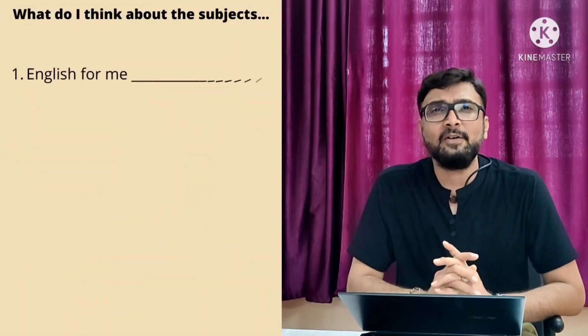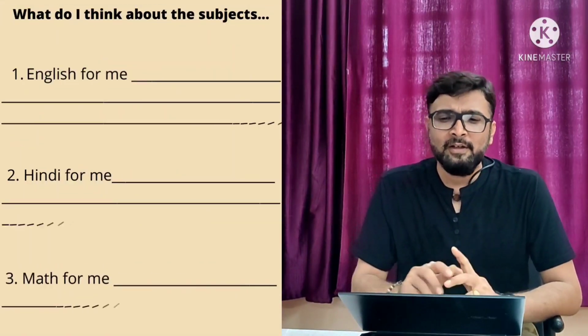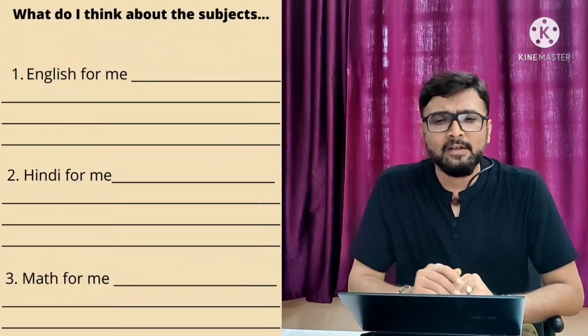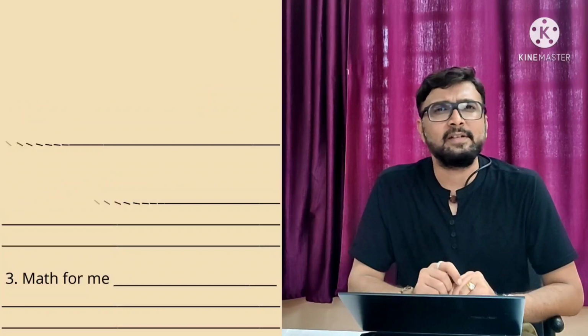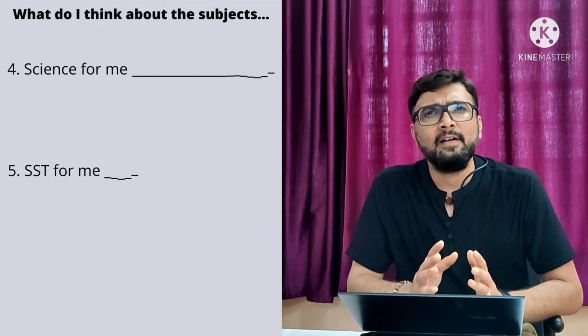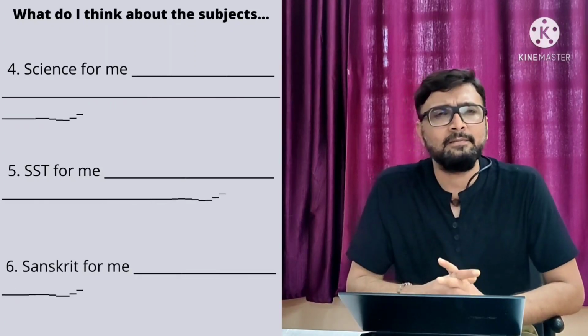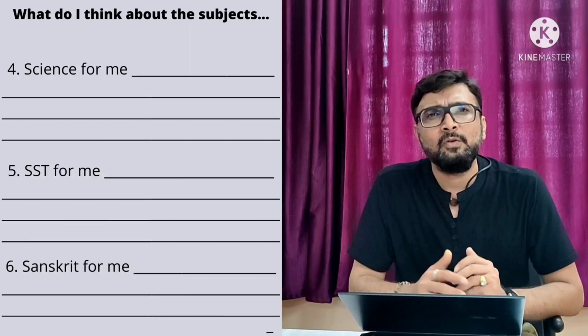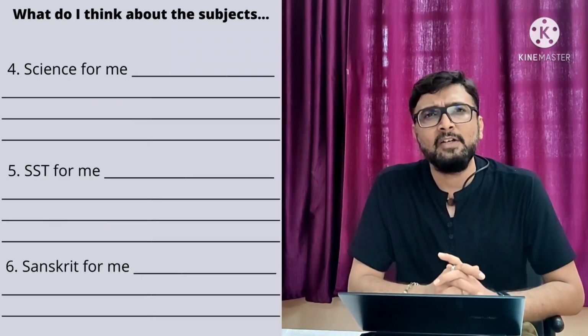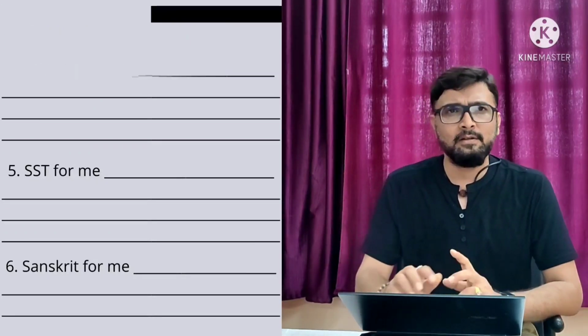So you'll have to think and write down what English is for me, what Hindi is for me, science, maths and social science. This particular part you can repeat twice in an academic year. This will help you know about the subject and your interest in that particular subject.